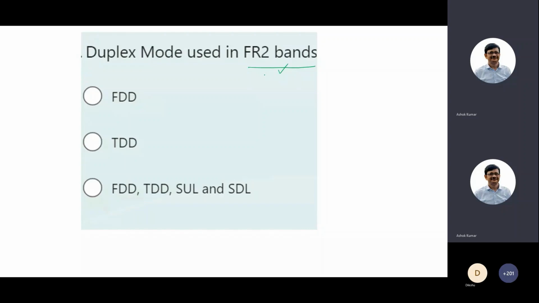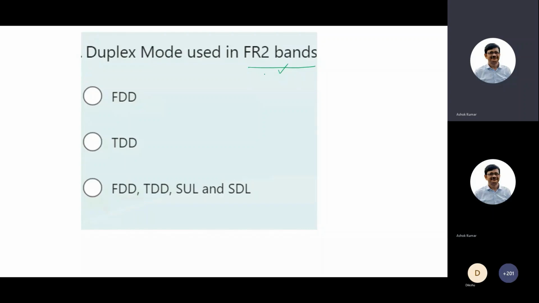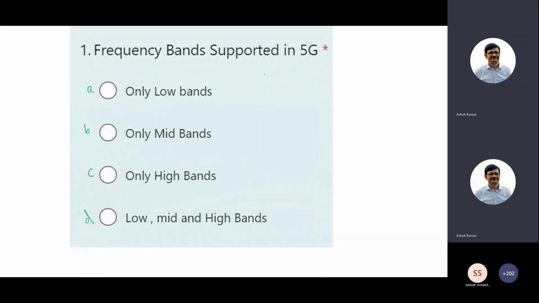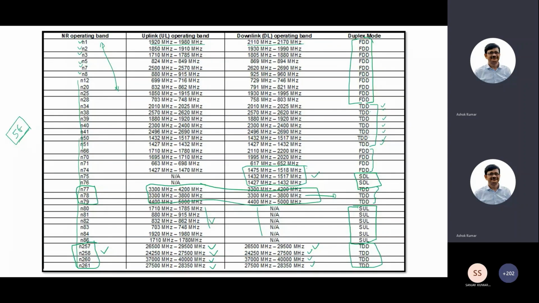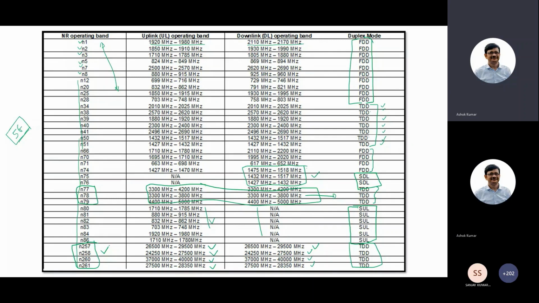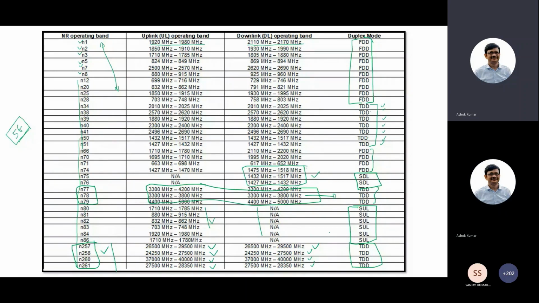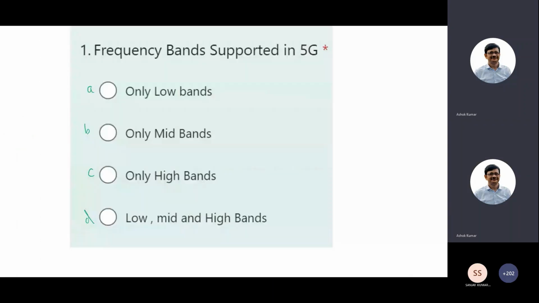Yes, very nice. No, in FR2 we use only TDD. Just recall this. In FR2 frequencies are these, more than 24 gigahertz, and these are all TDD. Okay, good.